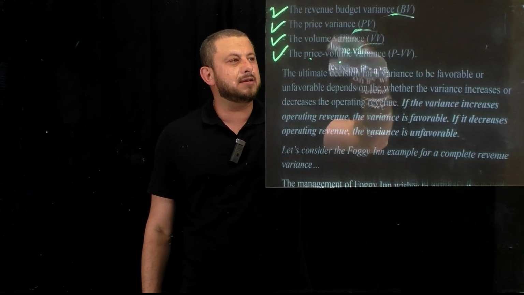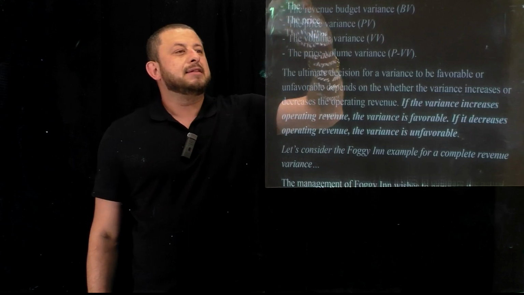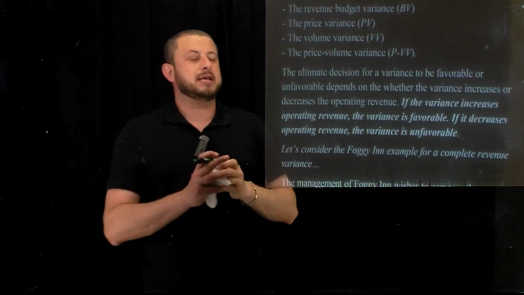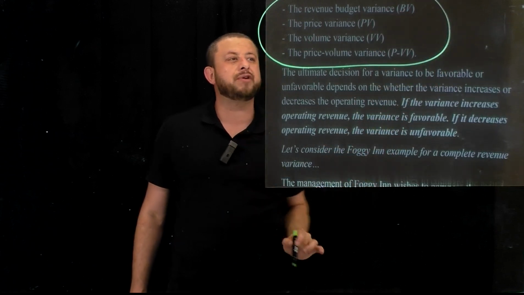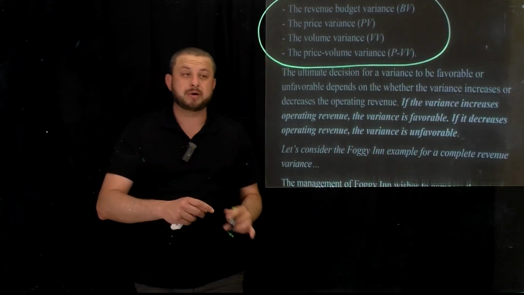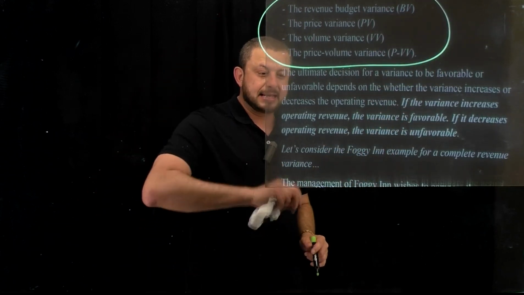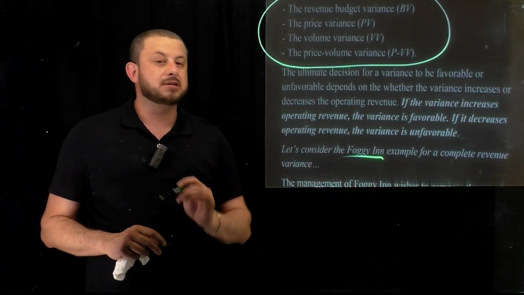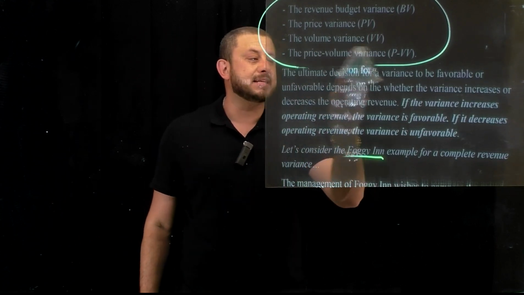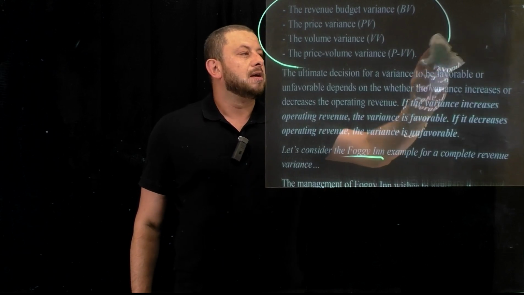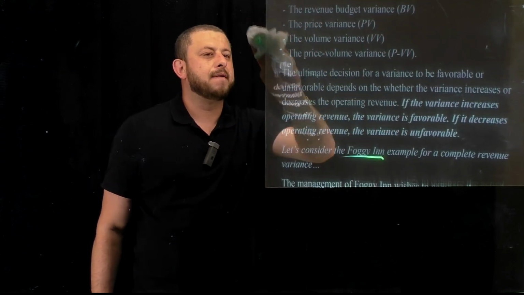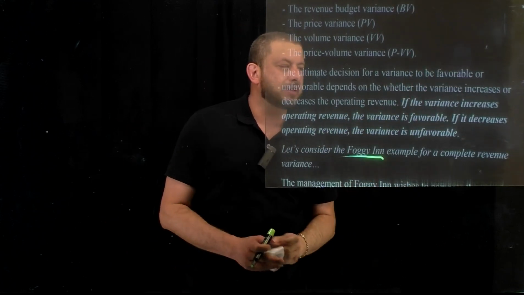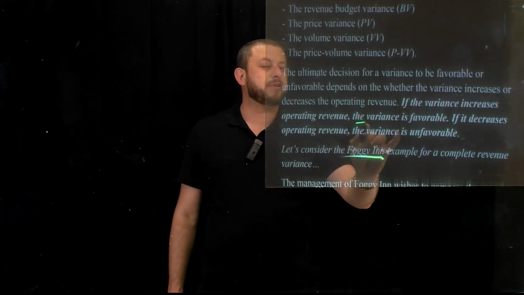This right here, guys, is the full revenue variance analysis. We're going to perform the full variance analysis in the example over here. Our example is the Foggy Inn example. If the variance increases operating revenue, the variance will be favorable.